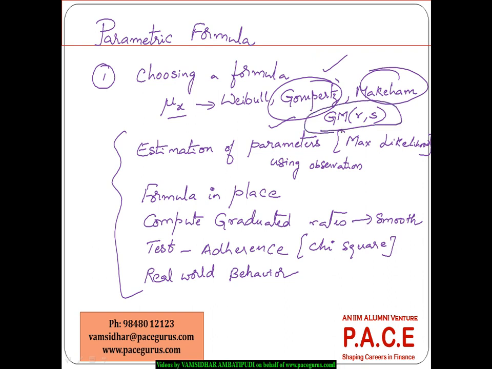This is a very broad class of formula. Within this broad class, by changing the R and S, we can create n number of formulas with so many different parameters.